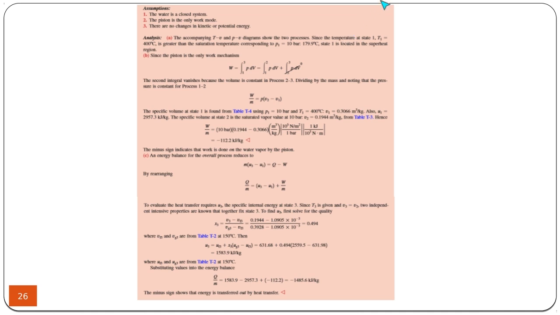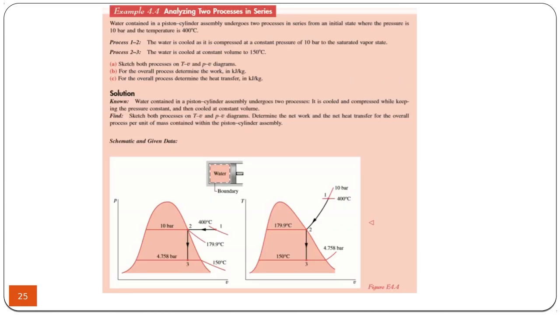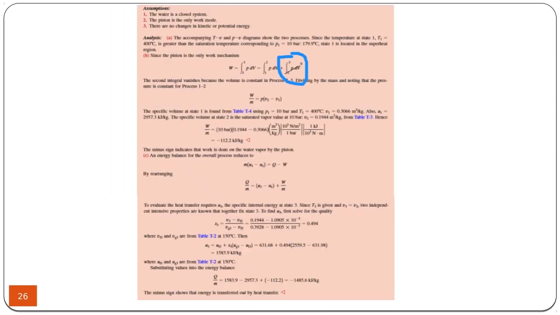But if the volume is constant, the work term is 0. So during the second process, there is no work because the volume is constant. So the whole work is because of the compression from 1 to 2.